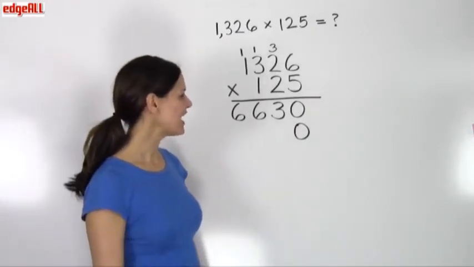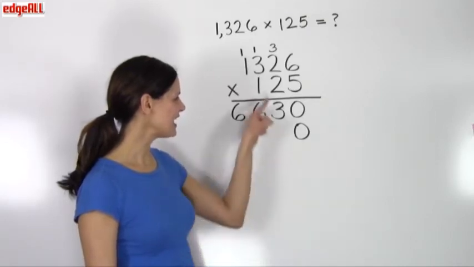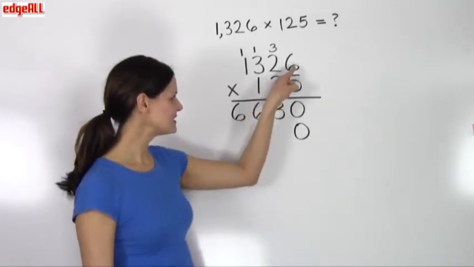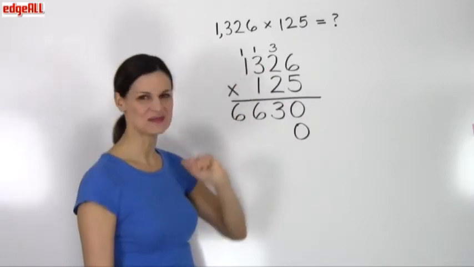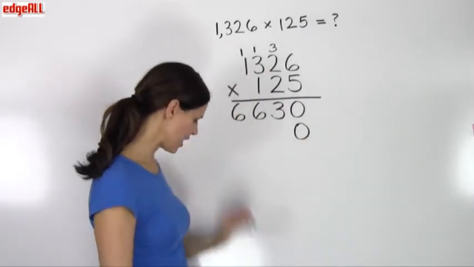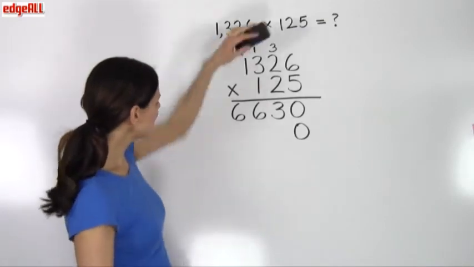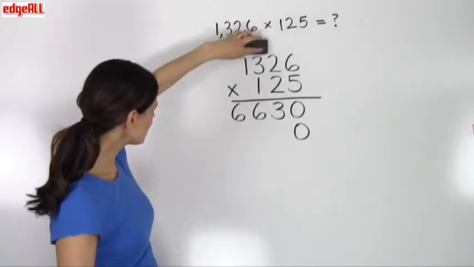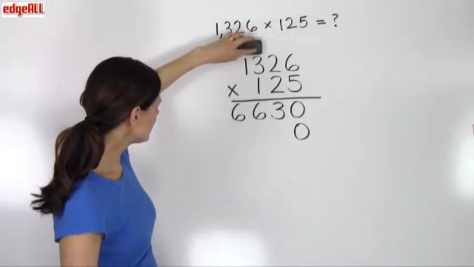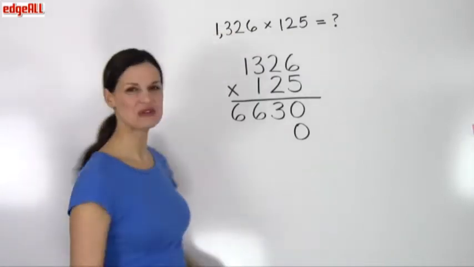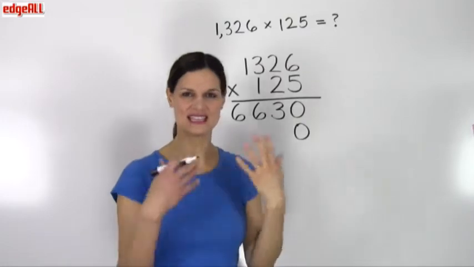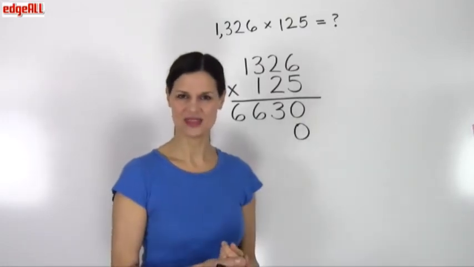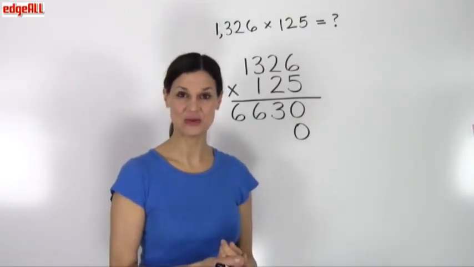Let's get to work then on multiplying this 2 times 6, 2 times 2, 2 times 3, and 2 times 1 for our next row of product. I'm going to erase my little regroup carry numbers because they're going to be different for this next set of multiplication that I'm going to be doing with my 2.